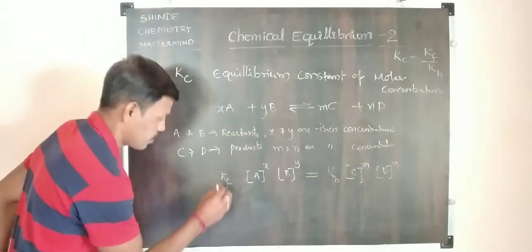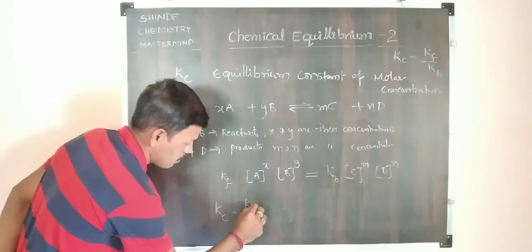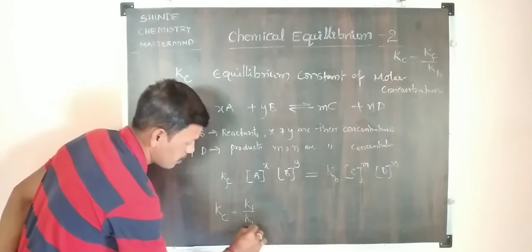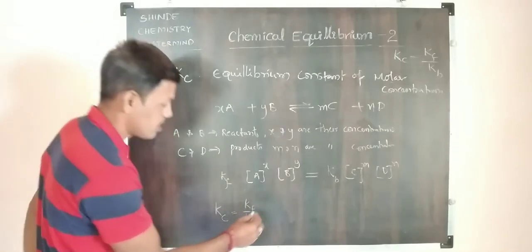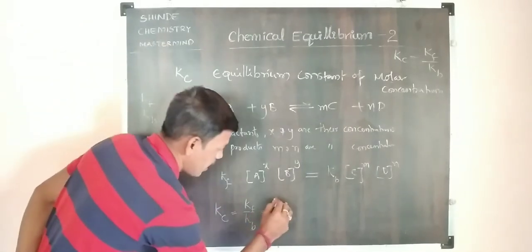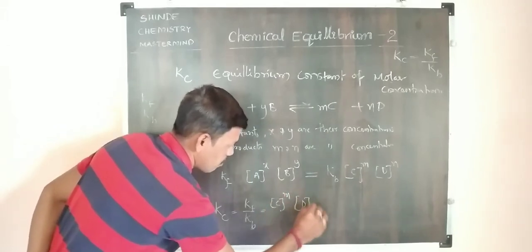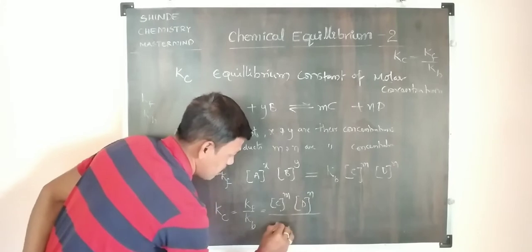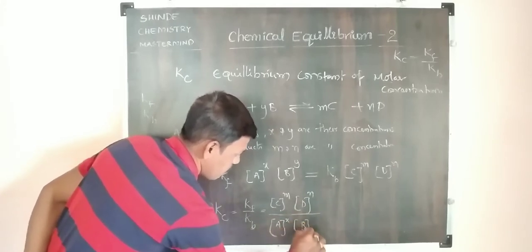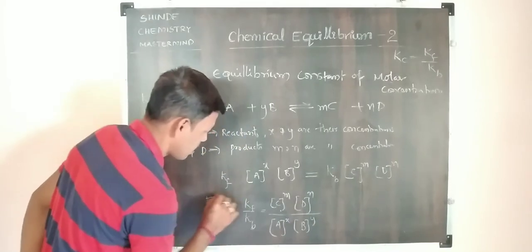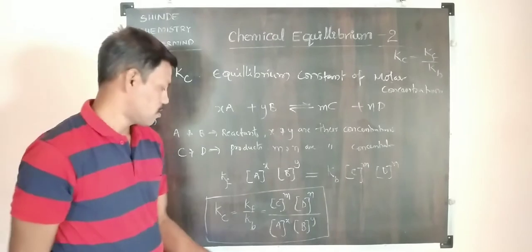So here, Kc is equal to Kf by Kb, the rate constant of the forward reaction by the rate constant of the backward reaction, which is equal to C to the power of M and D to the power of N by A to the power of X and B to the power of Y. So this is the mathematical relationship.